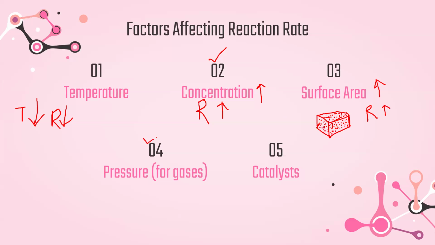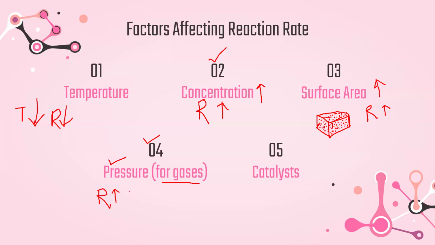Now for pressure, particularly for gases, the gases are dealt with in terms of pressure, and the liquids are dealt with in terms of concentration. As we increase the pressure, it is going to increase the rate of reaction.